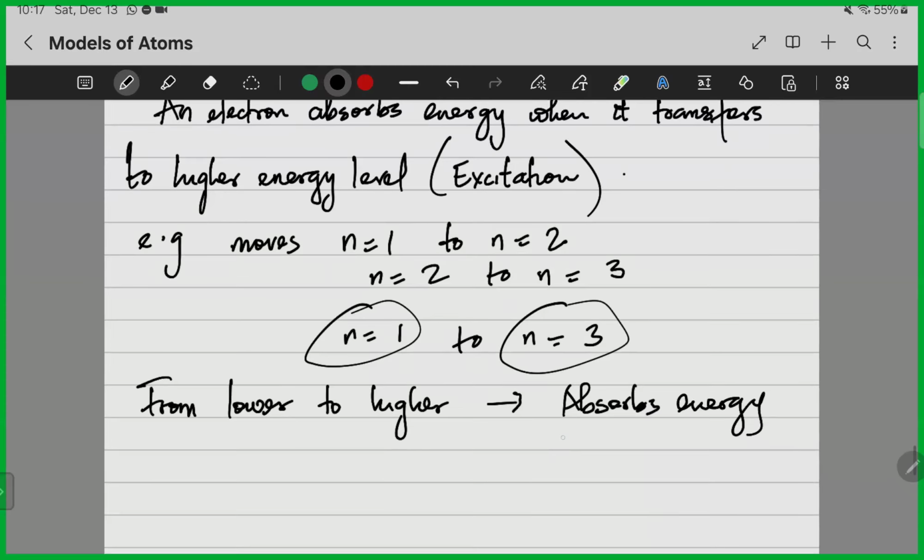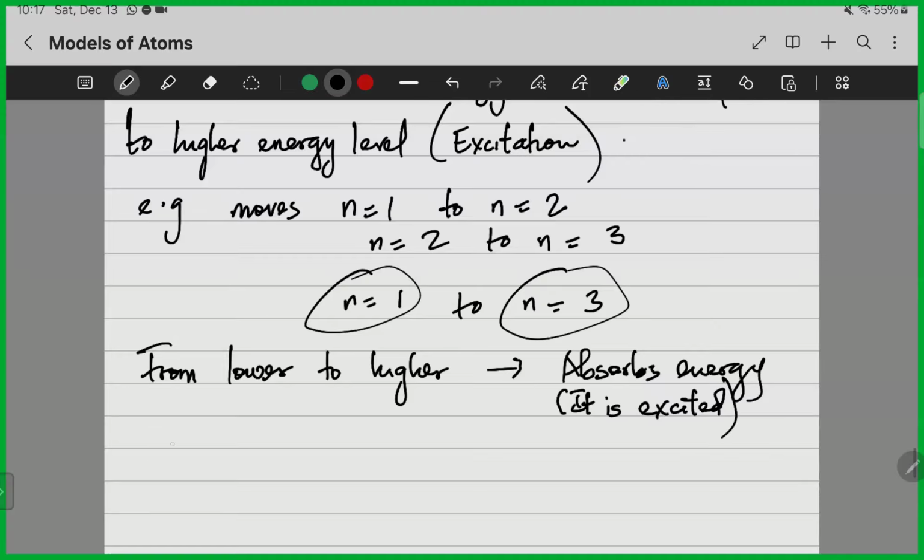And we say it is excited. But to move from higher to lower, it emits or releases.